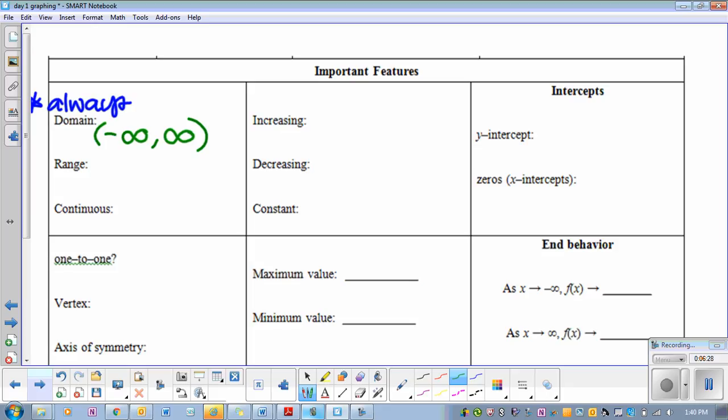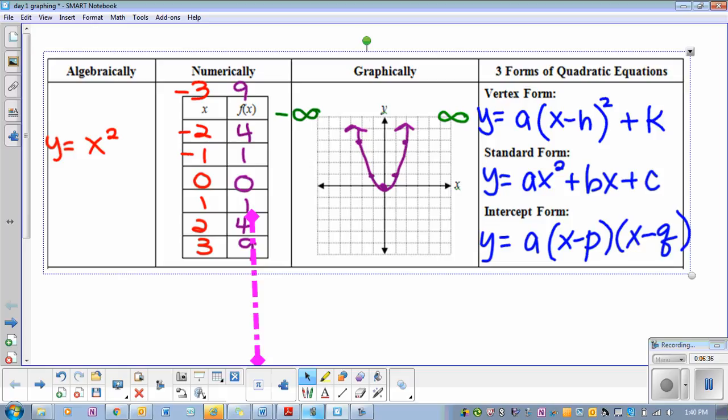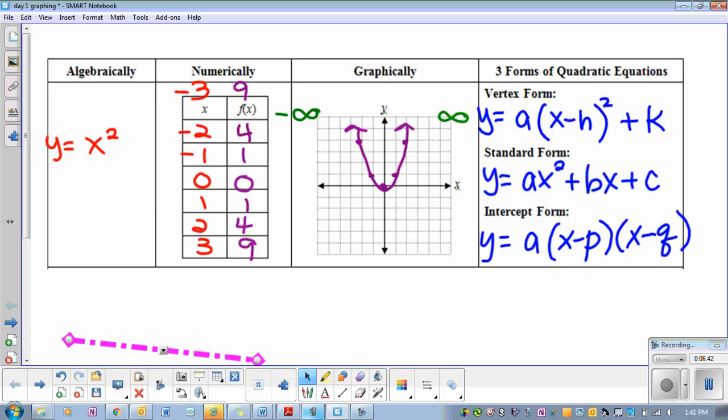Now let's talk about the range. If I look at this graph, from the bottom to the top.